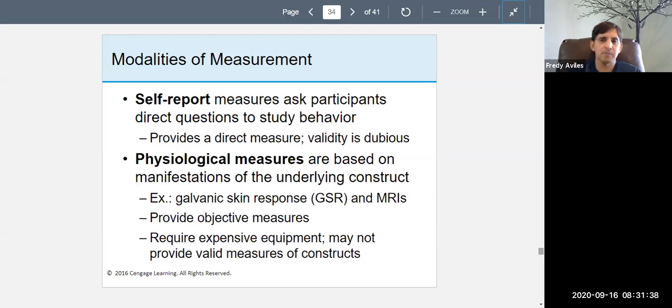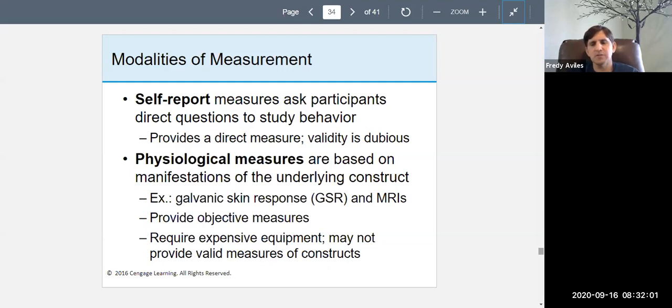So expensive equipment, yeah, the galvanic skin response, there's something that allows you to measure that. It's a machine, right? You can look at EEG, the electroencephalogram, to measure brain waves. You can look at people's brains with the MRI. Those are big machines that may cost millions of dollars. You can look at heart rate, blood pressure, that kind of stuff.